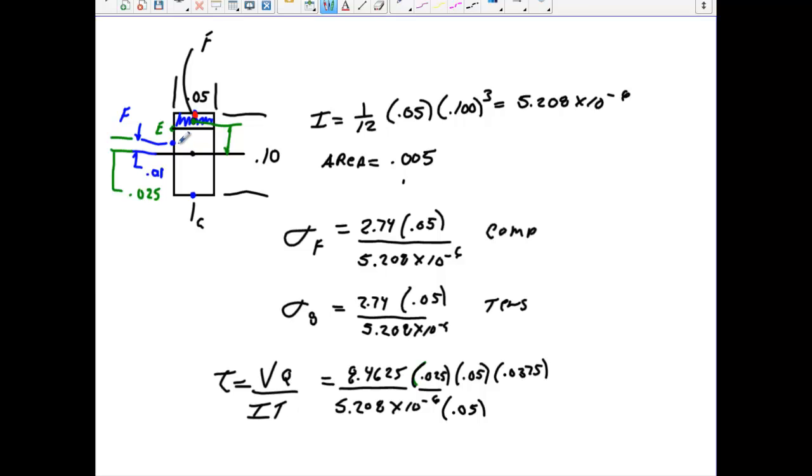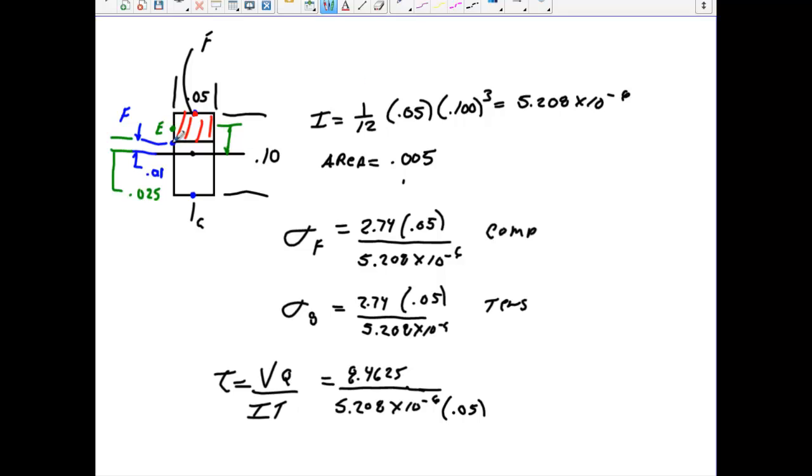If it asks for the shear right here at this point, all I'm going to do is take this back out and move this line down. Now my Q value is going to be based upon this area here.